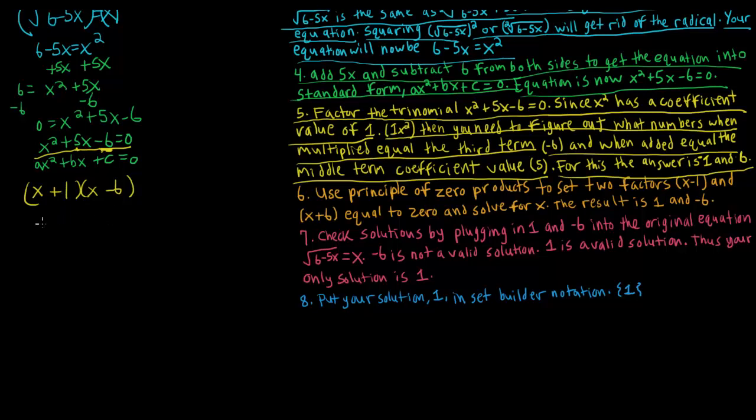You could have x plus 1 and x minus 6, x plus 6 and x minus 1. You could also have different combinations of 3 and 2: x minus 2 and x plus 3, or x plus 2 and x minus 3.